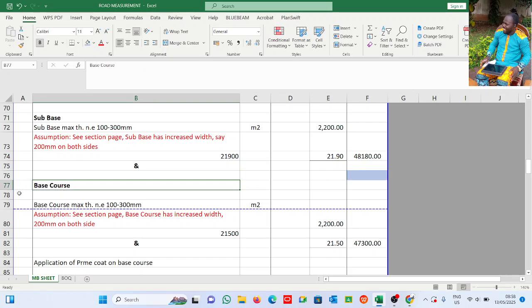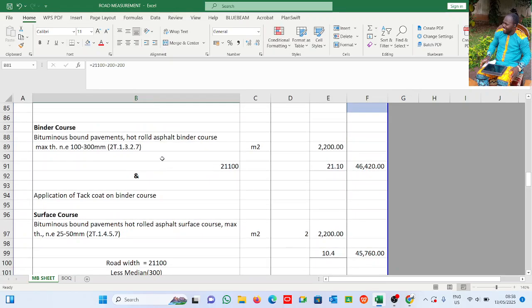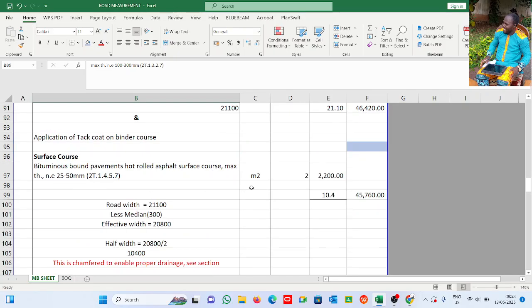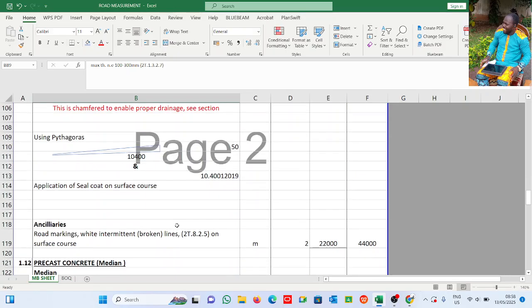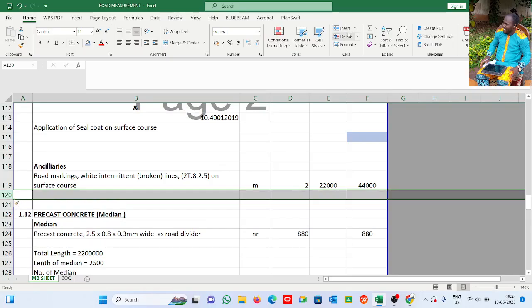Then this is base course, this and this, I bracket it out. Binder course, this and this, I bracket it out. Surface course, this and this, I bracket it out. Ancillaries is this. When I'm done, I bracket it out.